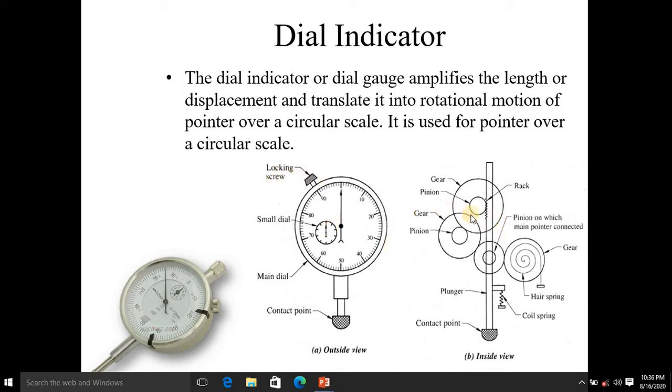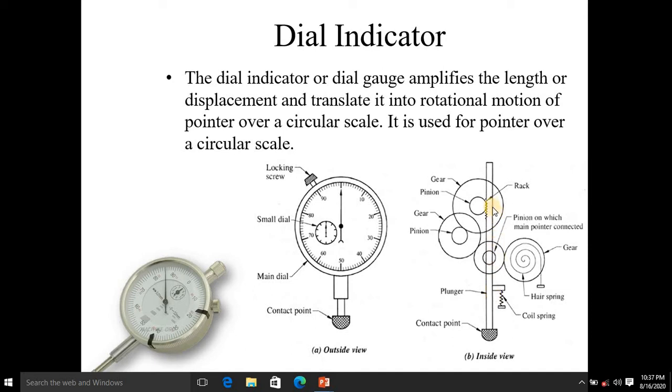The inside view of this dial indicator is over here. Whatever the job is, you can place it below this contacting point. As per the irregularities or variations on the job, this plunger moves upward and downward.